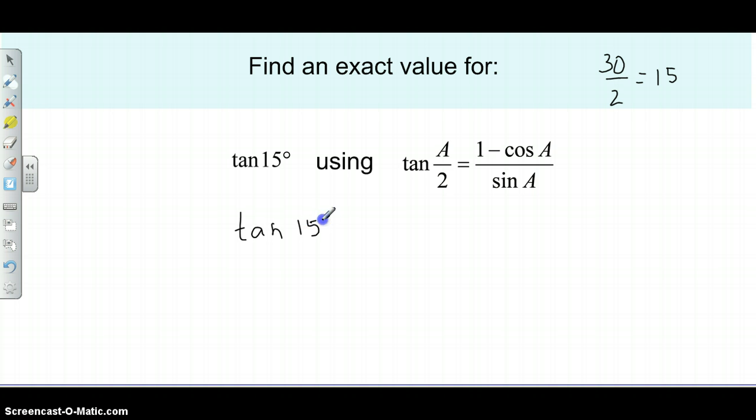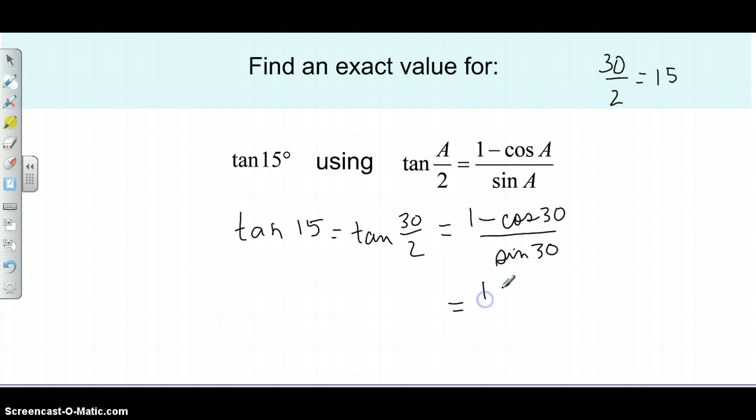Tangent of 15 is equal to the tangent of 30 over 2. And I'll use that identity that I have for tangent of A over 2. That's going to be equal to 1 minus the cosine of A, cosine of 30 over sine of 30.